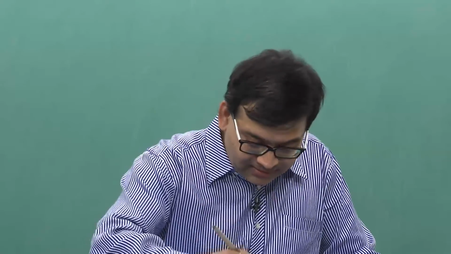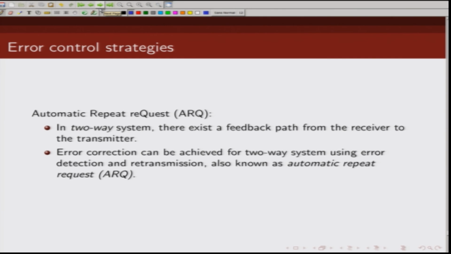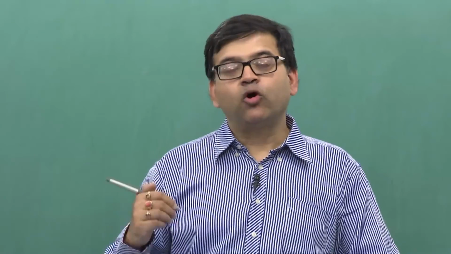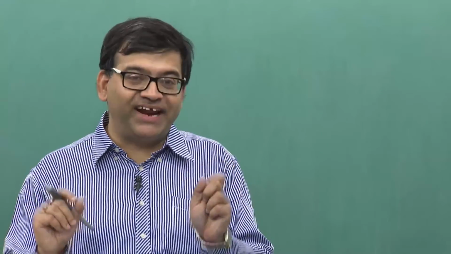Now, in some cases, we have a mechanism of feedback from the receiver back to the transmitter. In those cases where there exists a feedback from the receiver to the transmitter, we call these systems two way systems. For these systems, the error correcting strategy which is used is what is known as automatic repeat request. Now, how does this work? You initially send some coded packets where you just use parity bits for error detection.